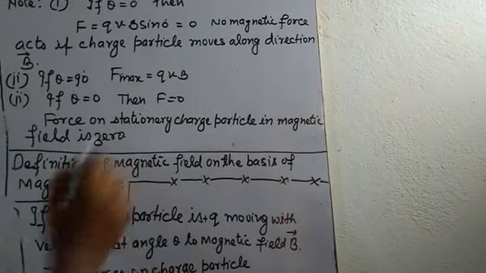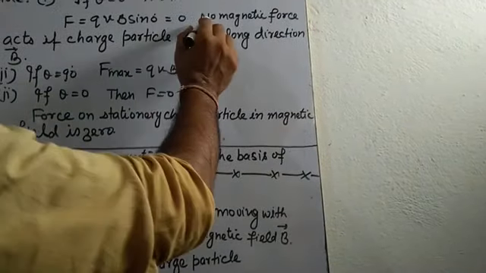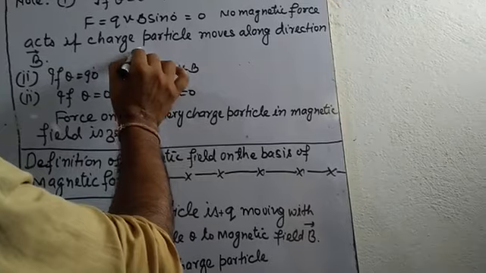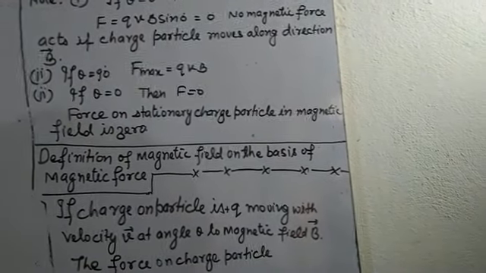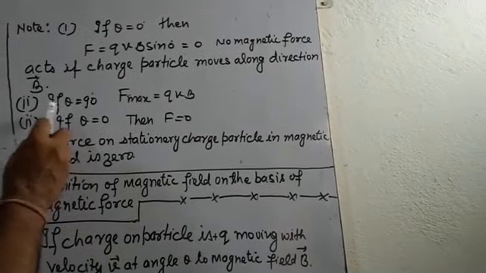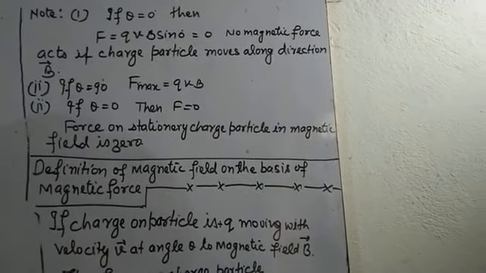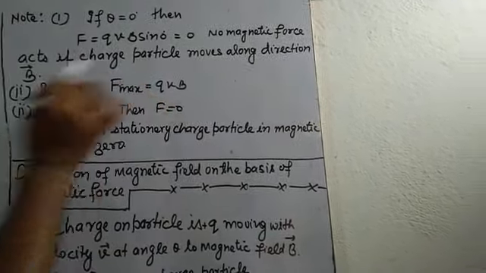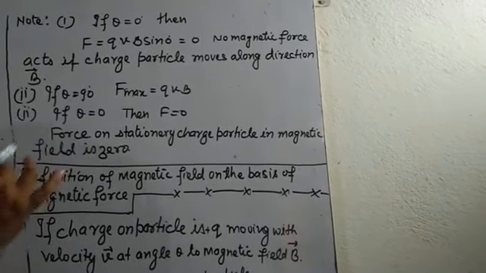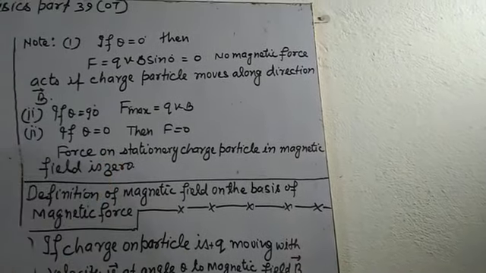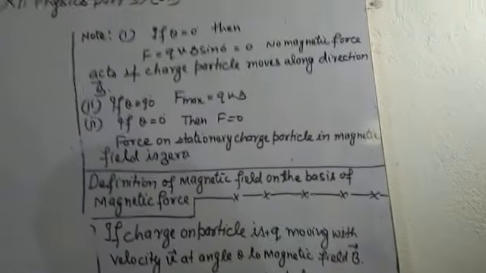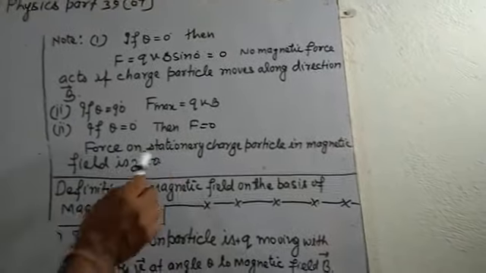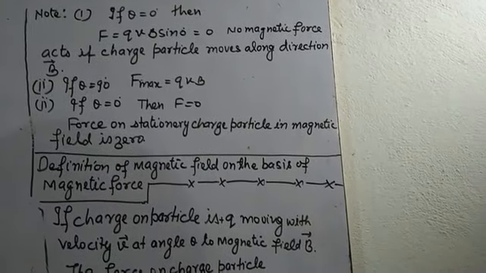It means no magnetic force acts if the charged particle moves along the direction of the magnetic field. If theta equal to 90, then maximum force acts on the charged particle. If theta equal to 0 degree, then force F equal to 0. The force on a stationary charged particle in a magnetic field is 0.